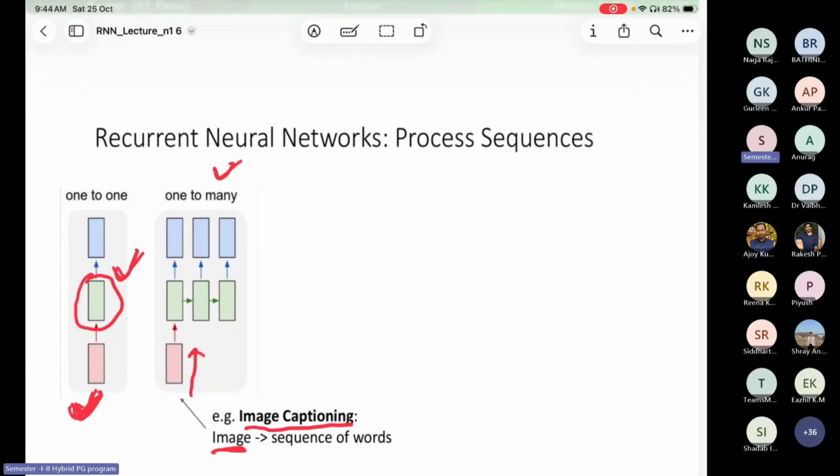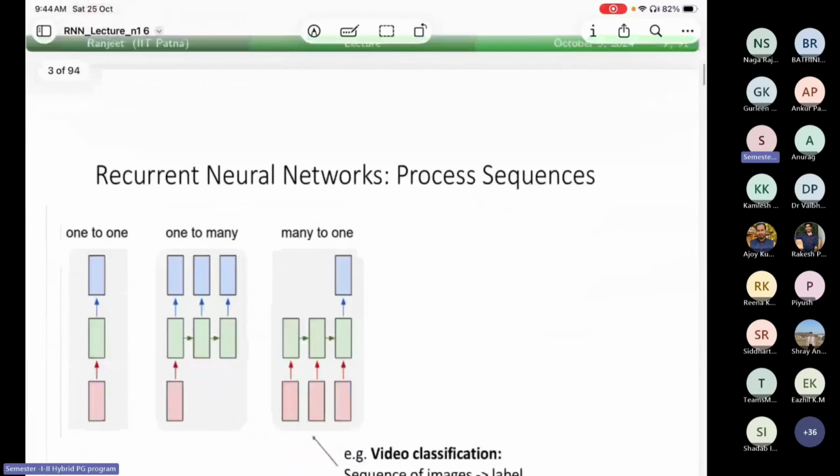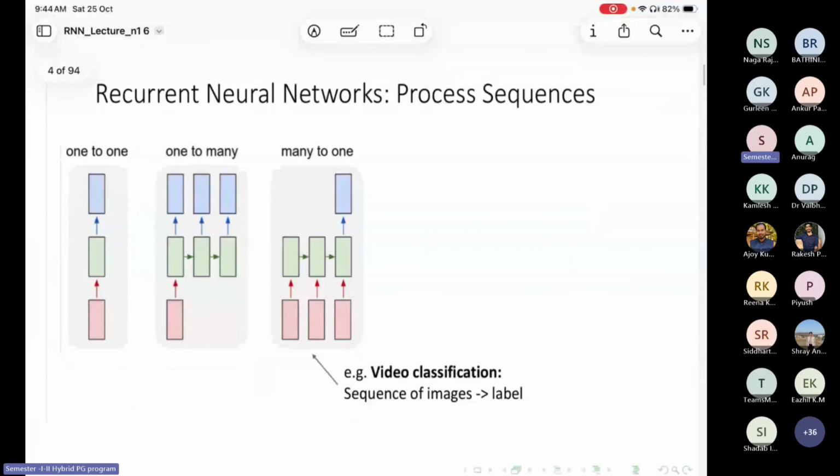Even in this case, your RNN will help you, because RNN has the power to capture sequential information, or to give you the output as a sequence of samples or sequence of words. So this is another problem where you need RNN.